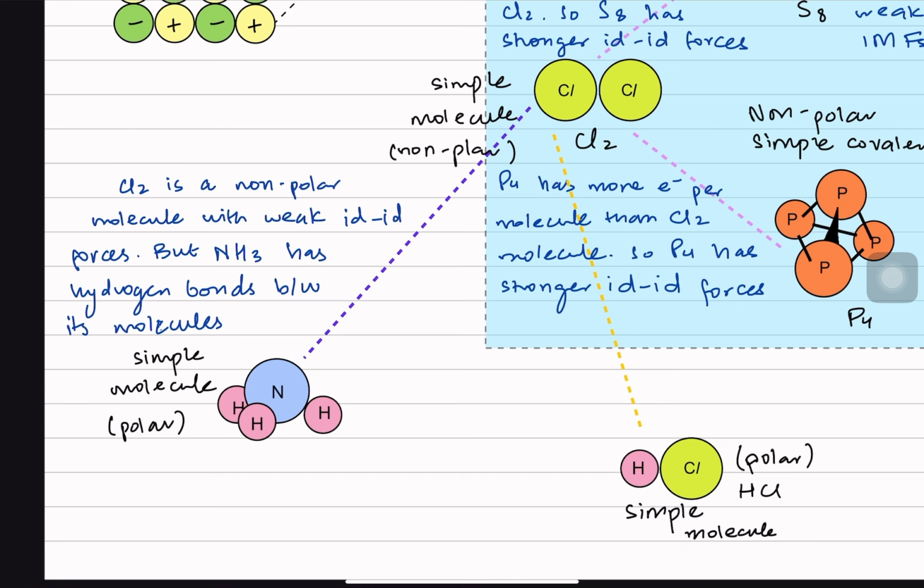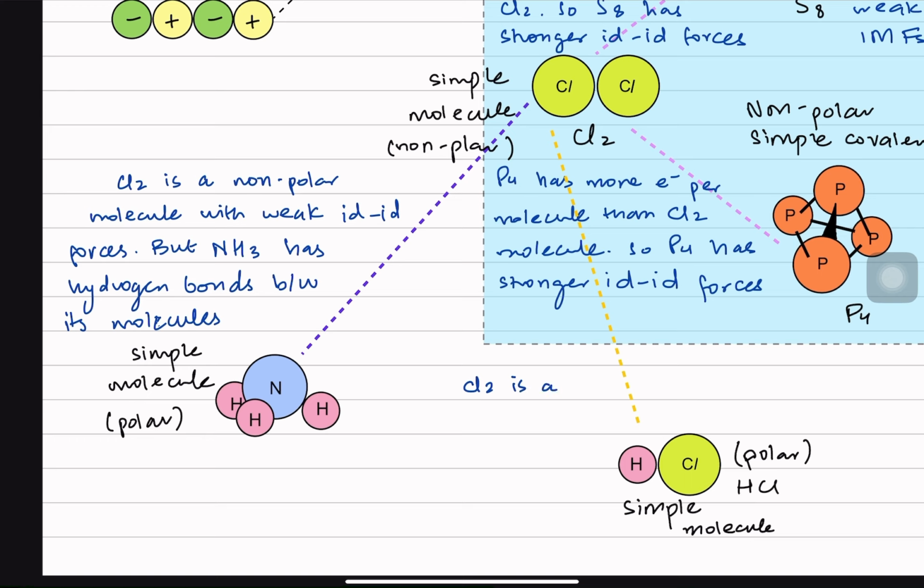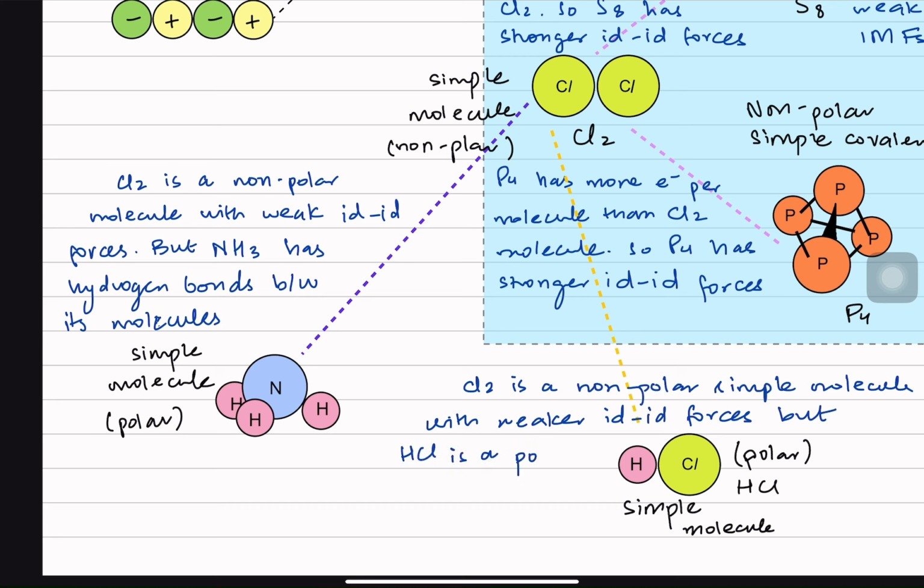You would say chlorine is a non-polar simple molecule with weaker ID-ID forces, but HCl is a polar molecule with PD-PD forces which are stronger and require more heat energy.